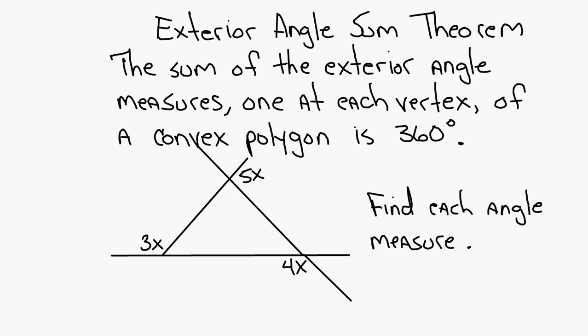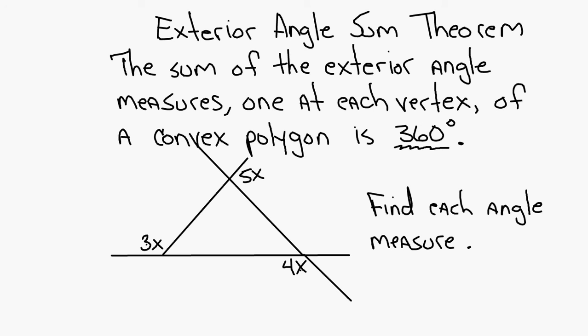You would use the same concept that you used basically all first semester. What should these three angles add up to? 180 or 360. 360, because these are now exterior angles. They're all going to add up to 360 degrees. So you're going to solve for x first, and then you're going to plug in the multiplier.